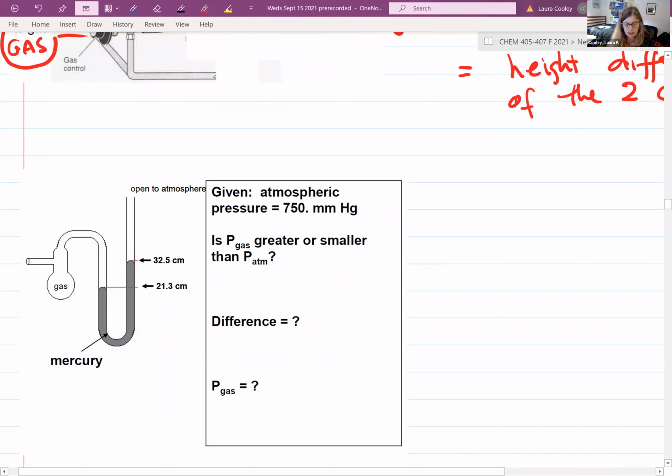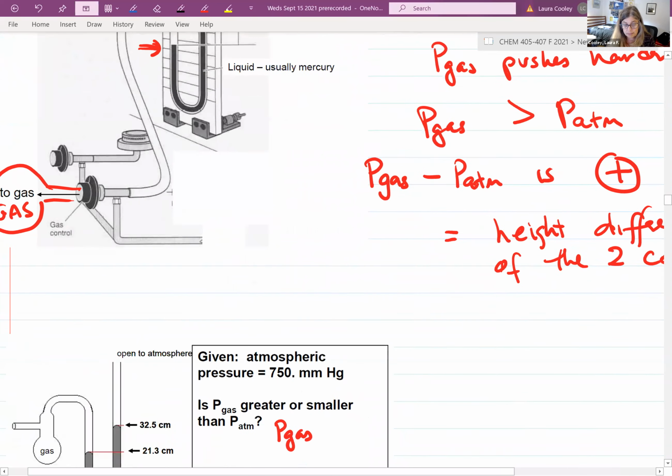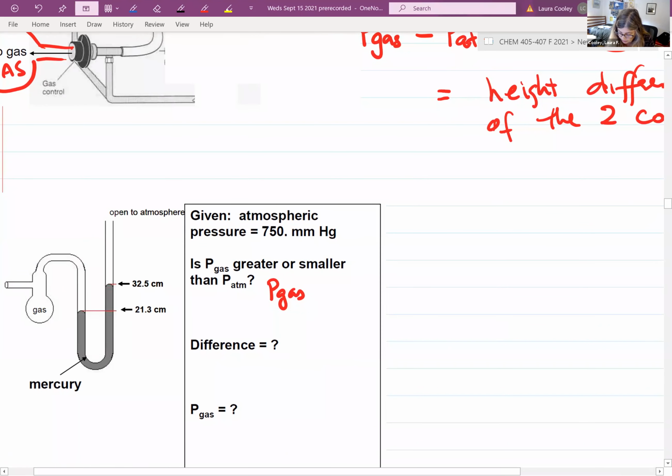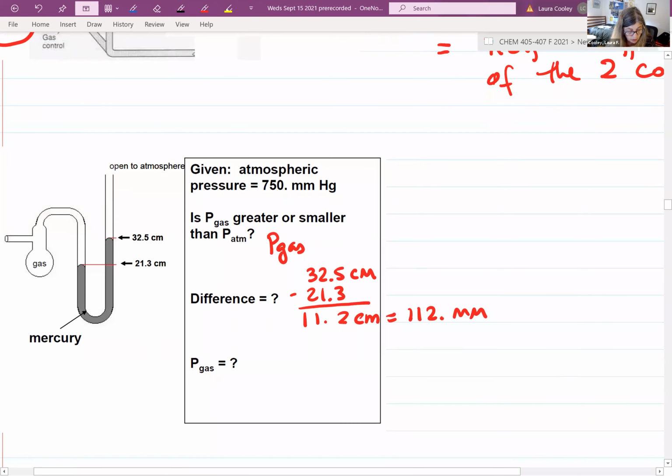In this picture, you can see that P gas is greater than P atmosphere because it's pushing harder, just like the picture up here. Now I take 32.5 centimeters and subtract 21.3. That's 11.2 centimeters, which is 112 millimeters. So P gas minus P atmosphere, which is positive, is 112 millimeters.